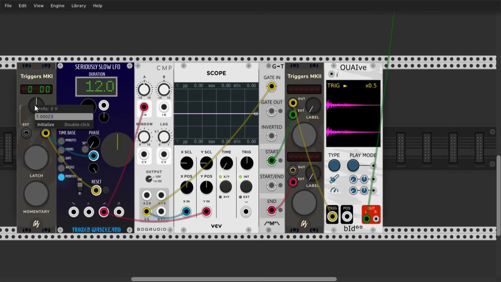So we'll set this trigger here with that voltage and have it send that voltage to the phase input of the seriously slow LFO, and also punch the reset button so we start at exactly that time. And there you go.